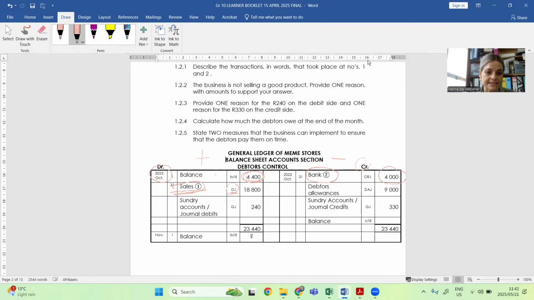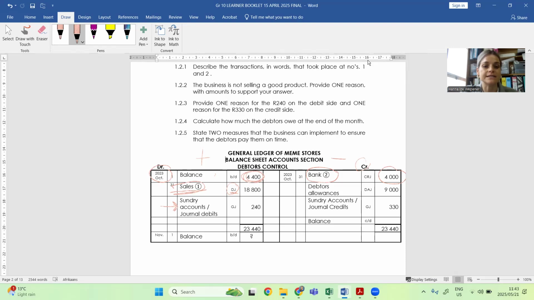Then, when we're looking at sundry accounts, on the debit side, that's anything that will increase your debtors other than credit sales, because that goes to the DJ. Or, for instance, you could have a situation where you paid something on behalf of the debtor, and that will go to CPJ or PCJ, depending on where payment was made from.